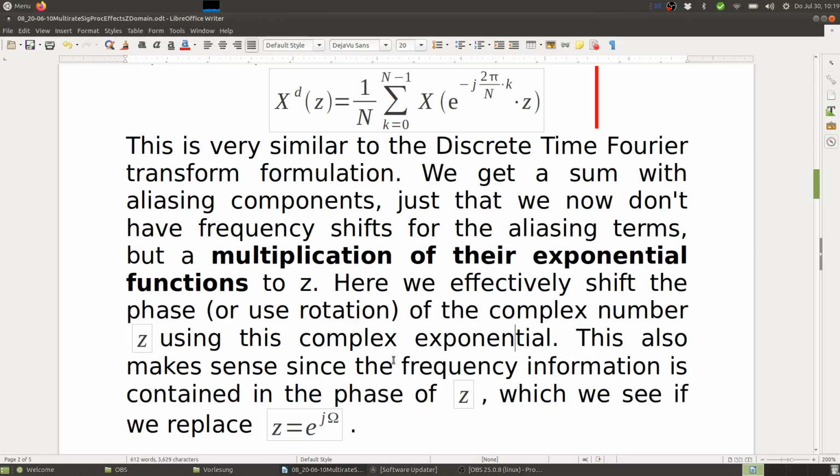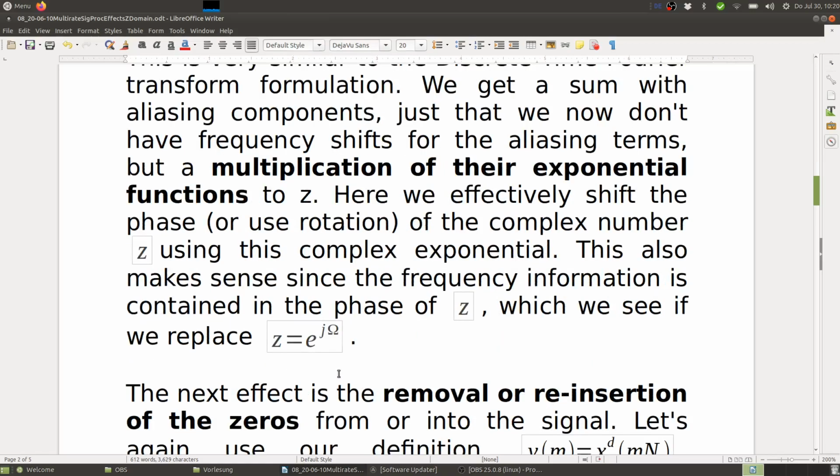This also makes sense since the frequency information is contained in the phase or the angle of z, which we see if we replace z by e to the j omega, as I just mentioned. So in the DTFT, omega is also the normalized frequency.